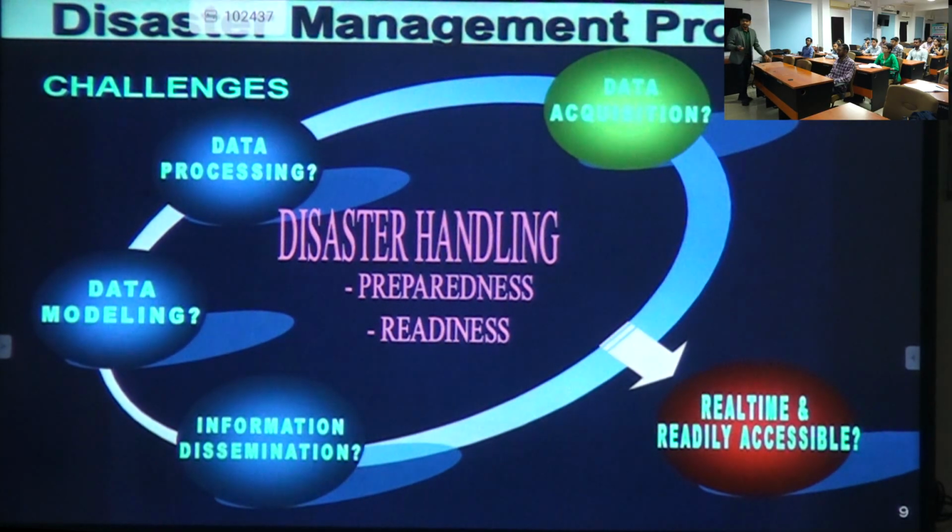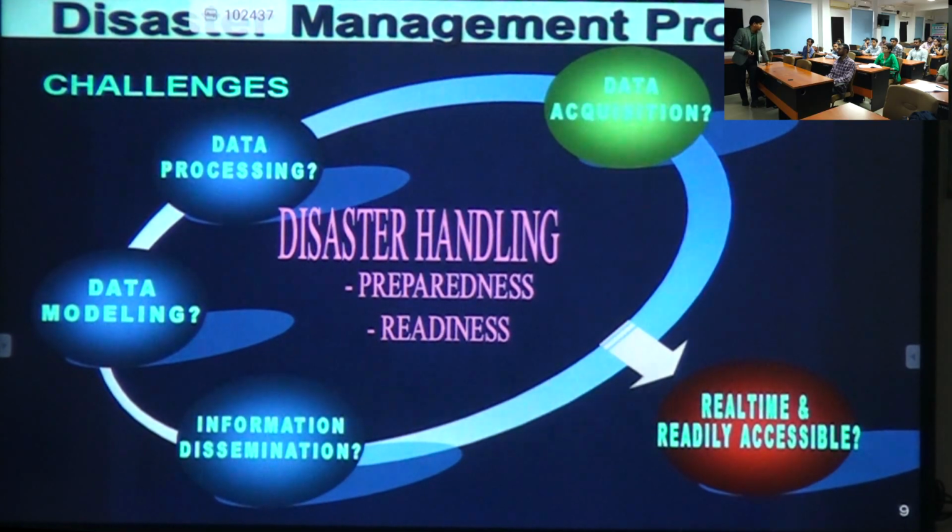Because in disaster handling, the most important thing is preparedness and readiness. That is where you use the coping capacity. Increase your coping capacity and build up your resilience. Remember, there are many terminologies I have taught you. Alright? Then all this information, the output, should be distributed in real time.